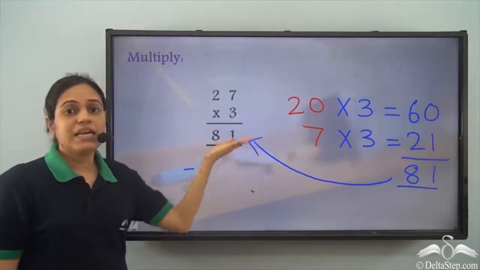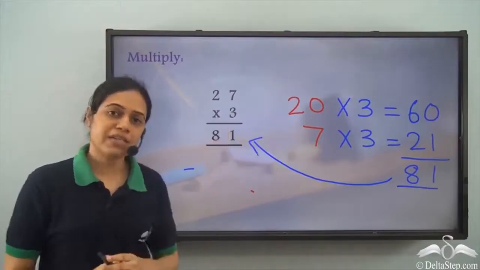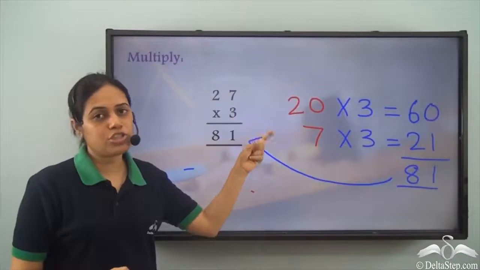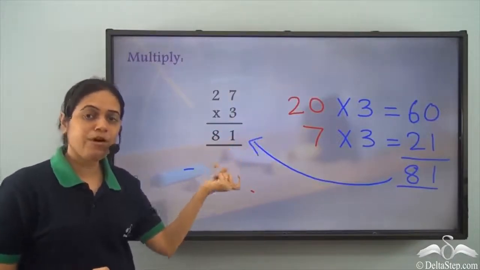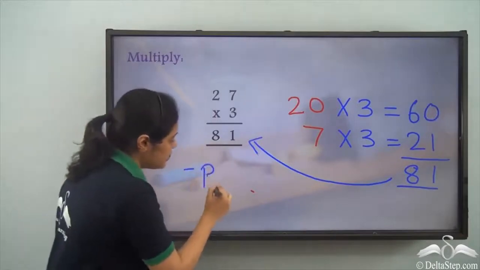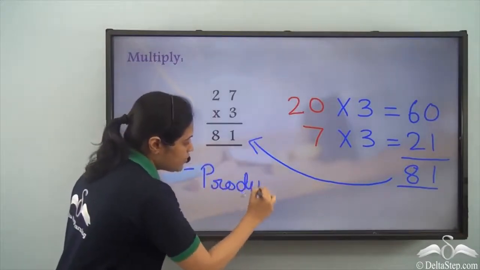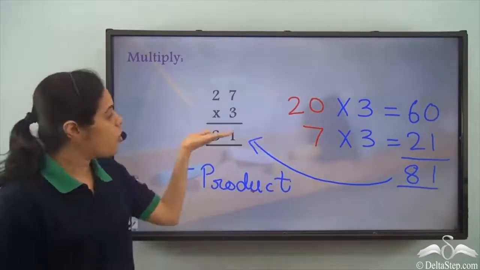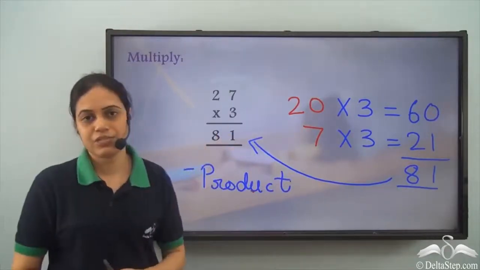Why do I multiply a 2-digit number by a 1-digit number in the manner I am doing? And this answer, that is 81, is called the product. It is the answer or the result of multiplication.